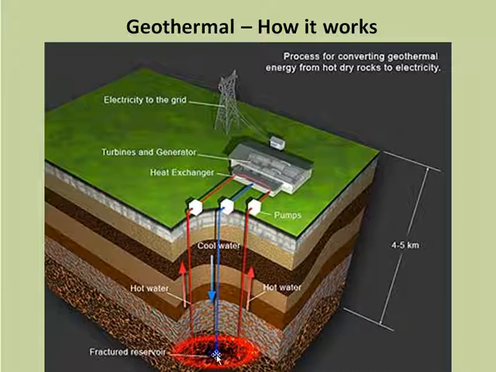As the water heats up, it expands, and it can go through these pipes up to here, where it can be used to either heat water that's cycling through the turbines, or it can go directly through the turbines, and that will create electricity to go out to the grid. Okay.